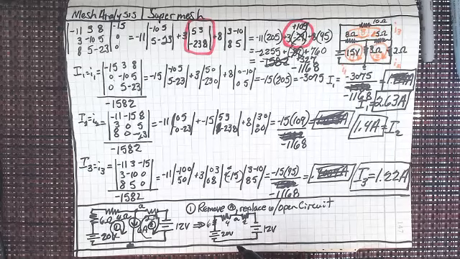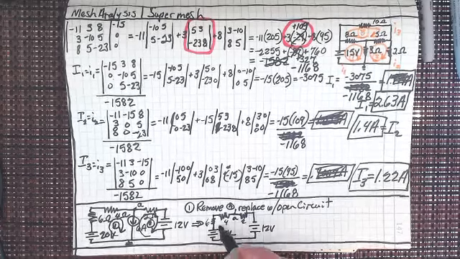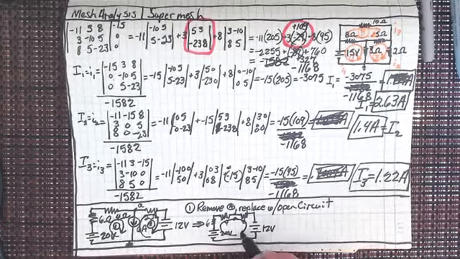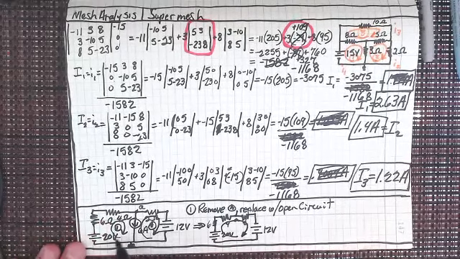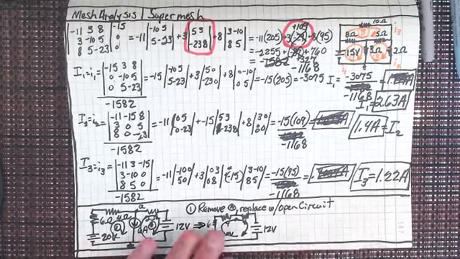So that's what we do. And then we want to look at the larger loop. So what I'm going to do now is look at the super mesh. That's really a super mesh because it's taking in 2 mesh circles, isn't it? It's taking in both 1 and 2 as a super mesh.